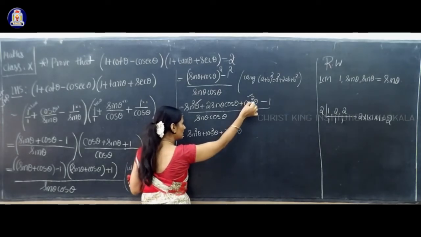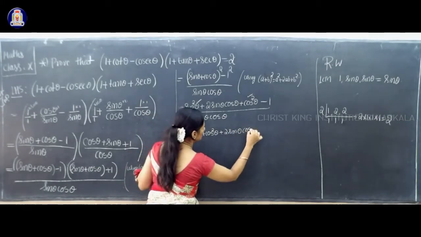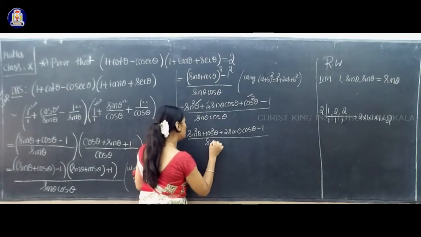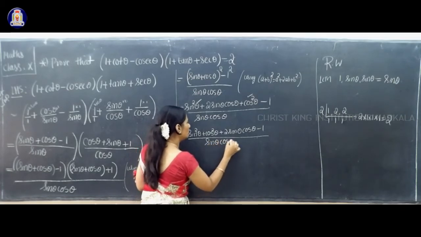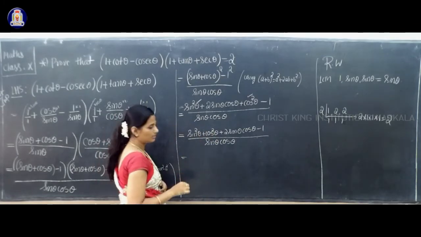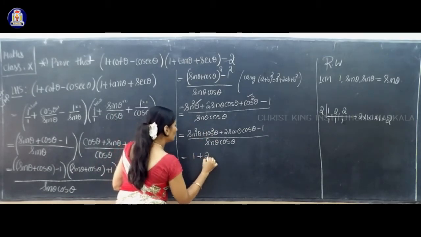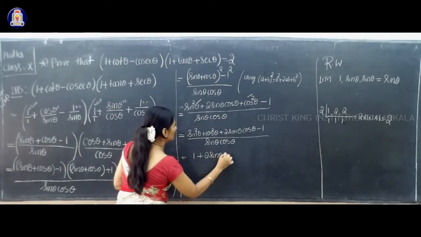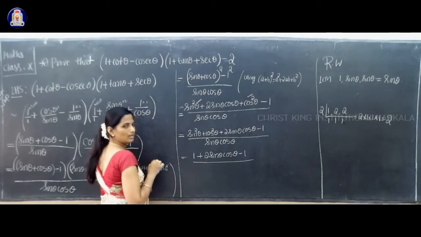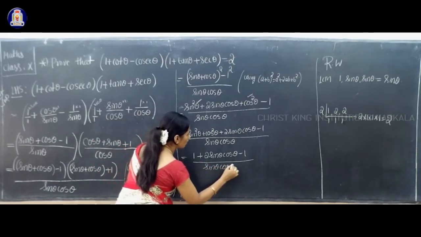Here I combine this cos square with the sin square, plus 2 sin theta into cos theta minus 1 divided by sin theta into cos theta. Now sin square theta plus cos square theta is how much here? 1, right? So plus 2 sin theta into cos theta minus 1 divided by sin theta into cos theta.